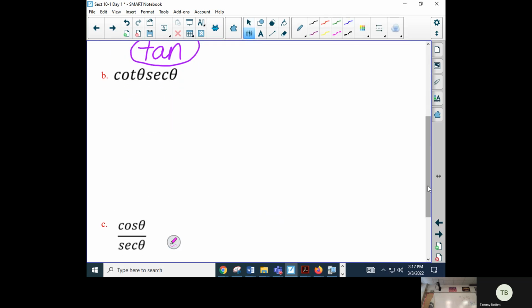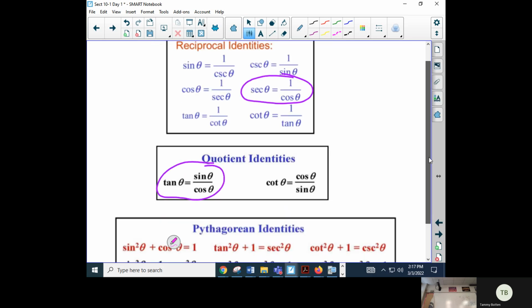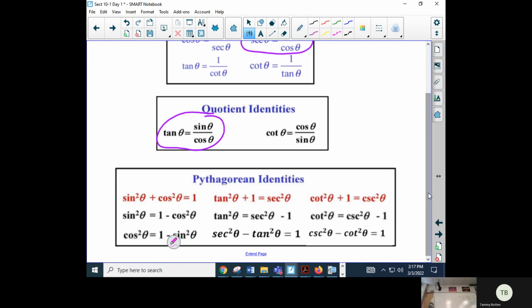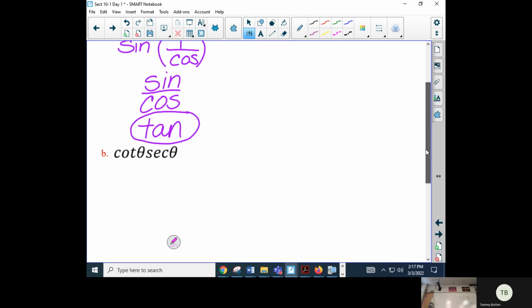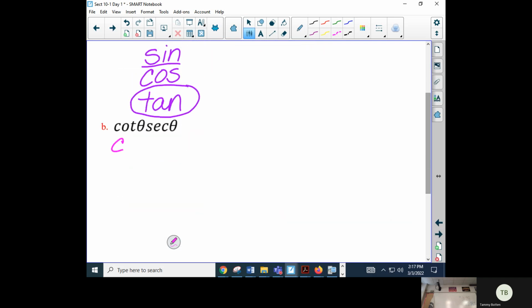Think of cotangent. How can I write cotangent in terms of cosine or sine or both? Couldn't I write cotangent as cosine over sine? Okay. So cotangent is cosine over sine. Okay. What is secant?